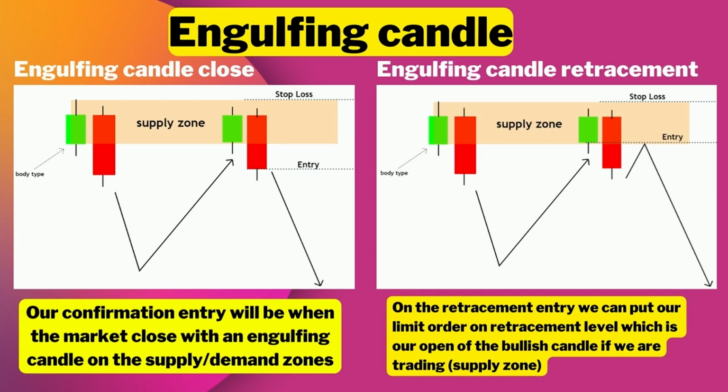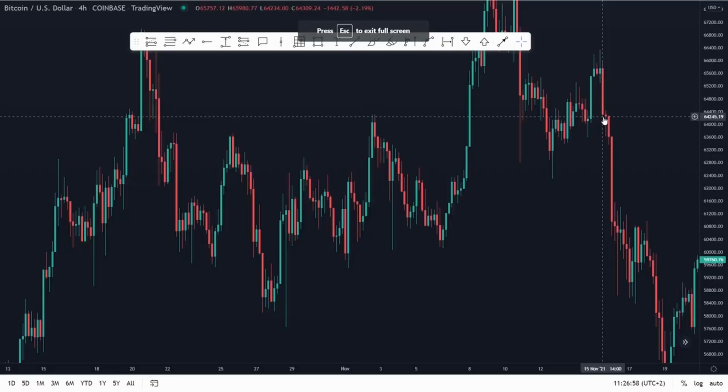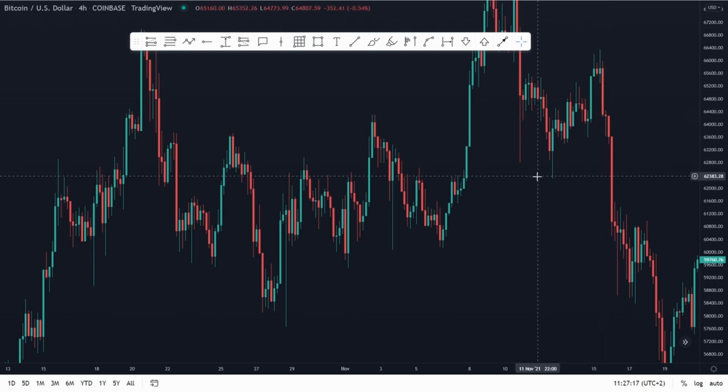So now that we know how to identify an entry candle, let's move on to a real chart so that I can show you how to identify them in the real market chart. To confirm your entry, you just have to know the market direction and how to draw your supply and demand, and then that's it. That's all you need, and the rules to enter using those entry strategies, because we have 2 candle formations to enter.